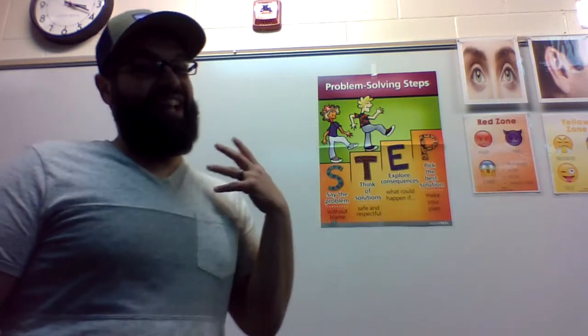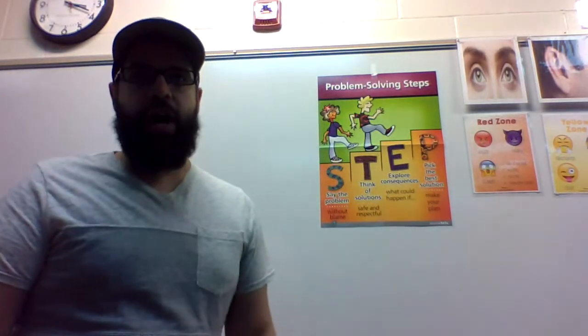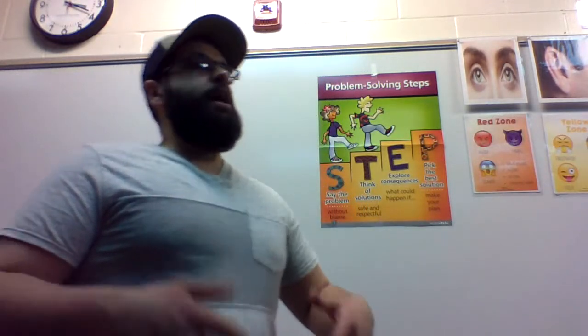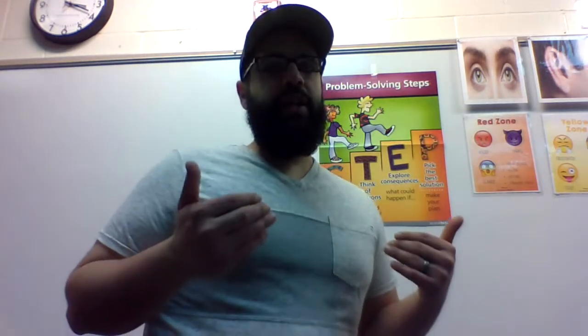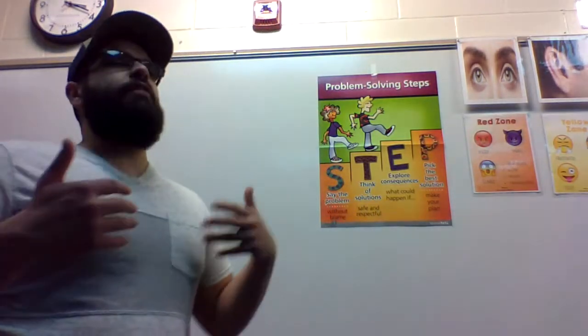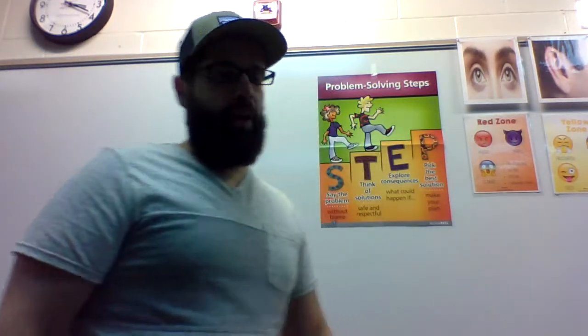Or in the other way, where consequences become negative, if I say something mean to somebody, they might cry or say something mean back. If I help somebody carry their books, they're probably going to be happy and appreciate it. Those are ways that we have consequences, or what they really are is the result of doing something.